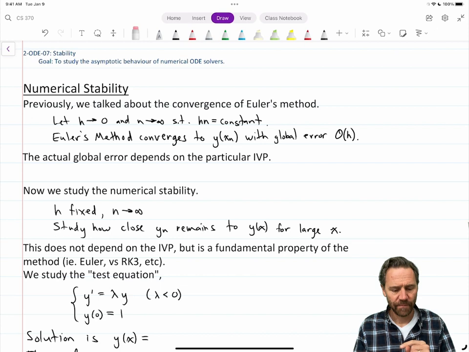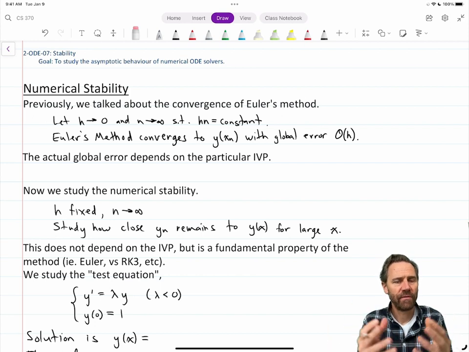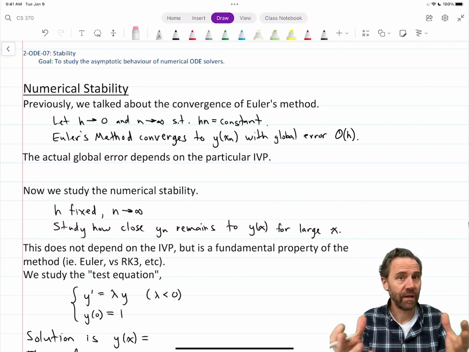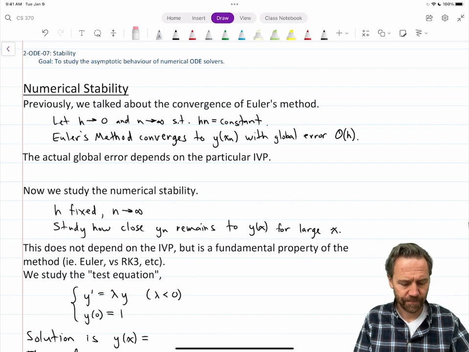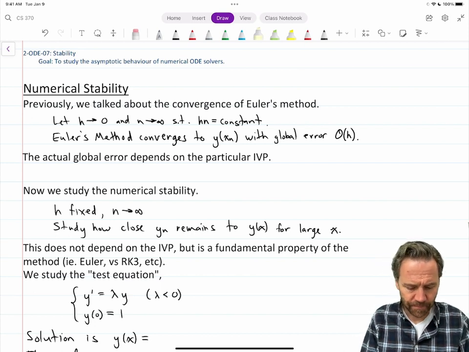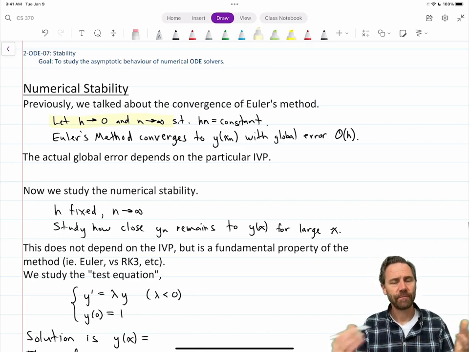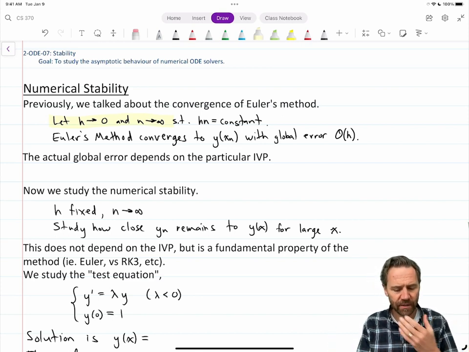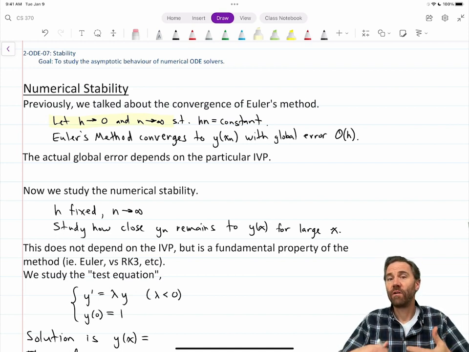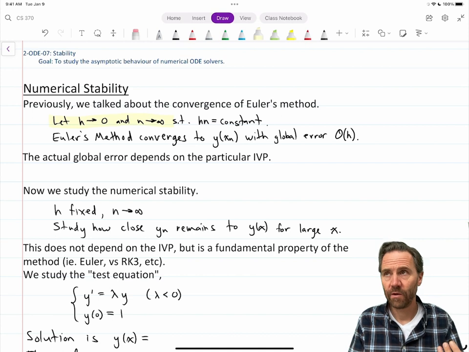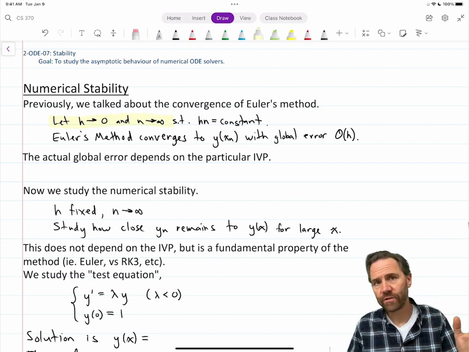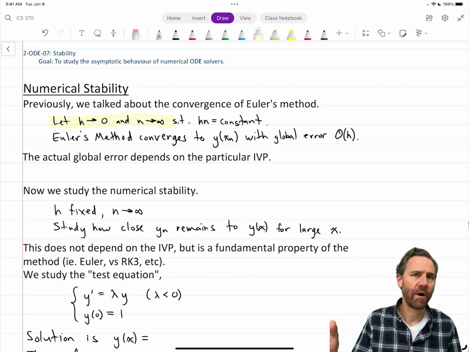Previously, we talked about the convergence of Euler's method, the asymptotic nature of the accuracy with respect to step size. If we let h go to 0, then the number of steps goes to infinity, and we expect the numerical method to converge to the true solution with some convergence order: h for Euler, h squared for modified Euler.